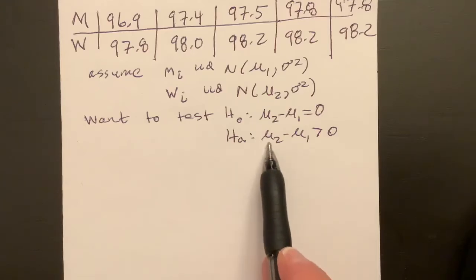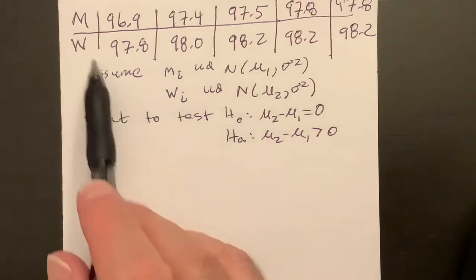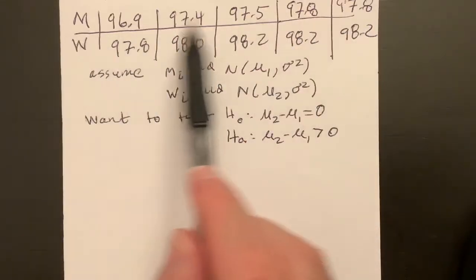So we want to reject if we have reason to believe that, say, the mean from this row here is significantly bigger than the mean from here.